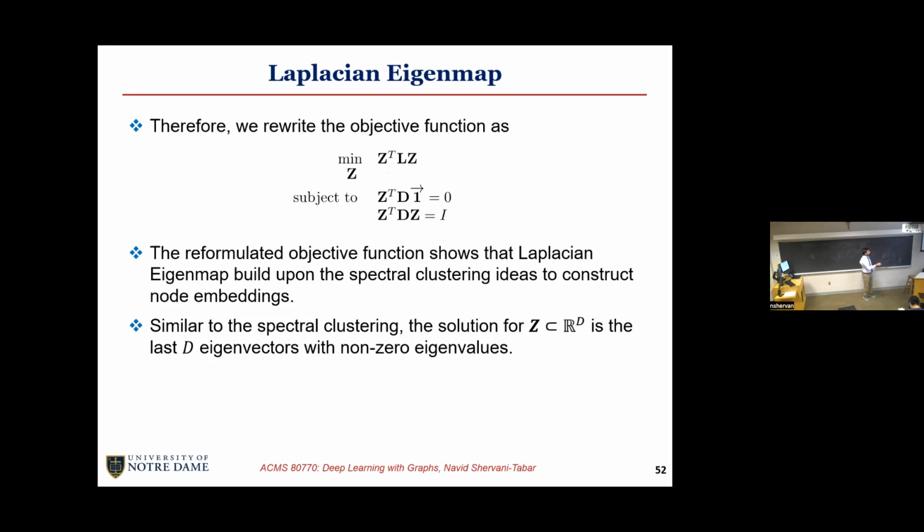Now we can reformulate our problem as minimizing this objective function, where we set 2 constraints essentially. One is, our eigenvectors can have some random scalar multiplied by them.